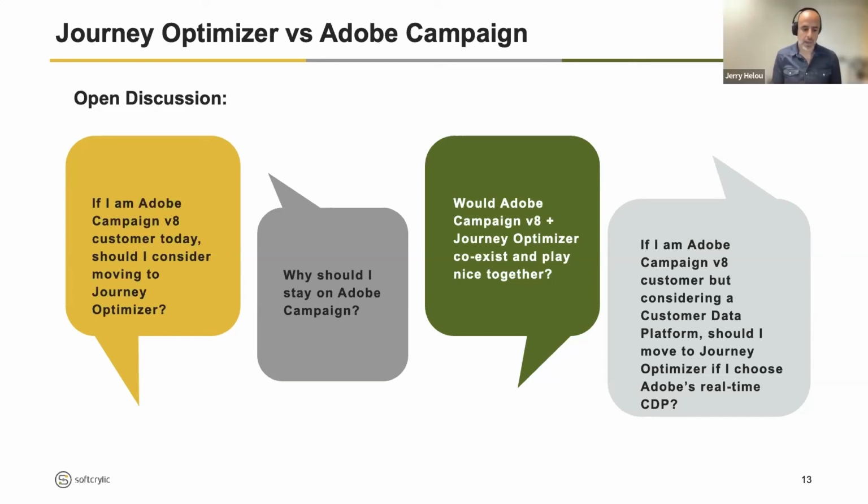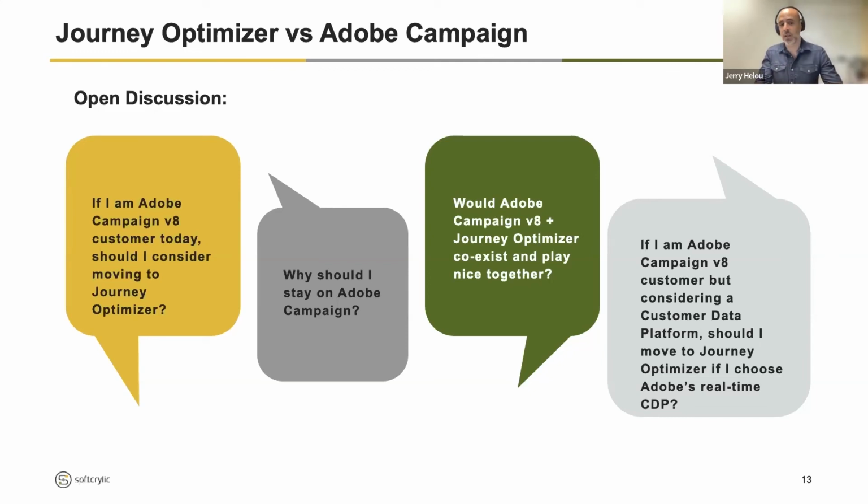Yeah, I would say I agree with your approach. If I were to advise my clients, I would say, one, assess what you're using in Adobe Campaign V8 today, because in some cases, unfortunately, some clients are using just the bare minimum, where they might want to reconsider if those are enough reasons to stay in V8.